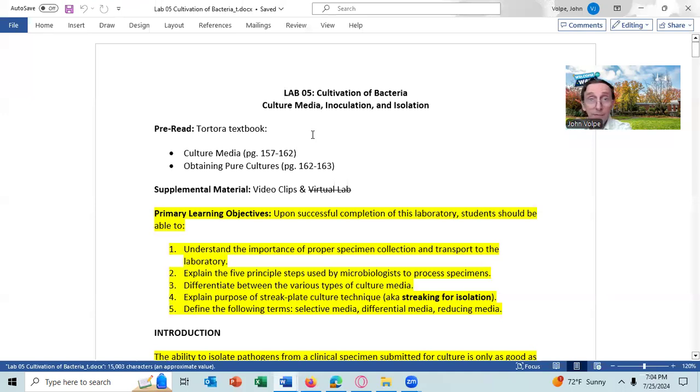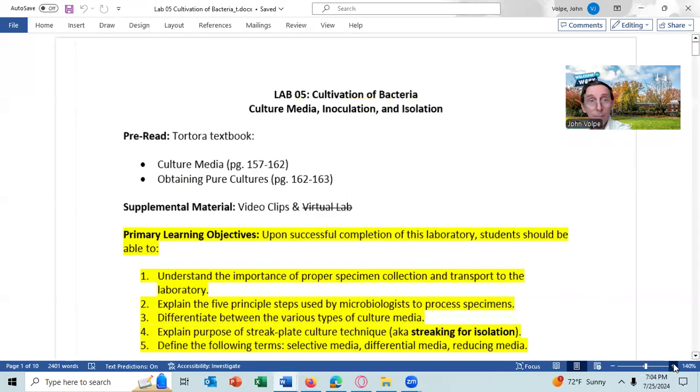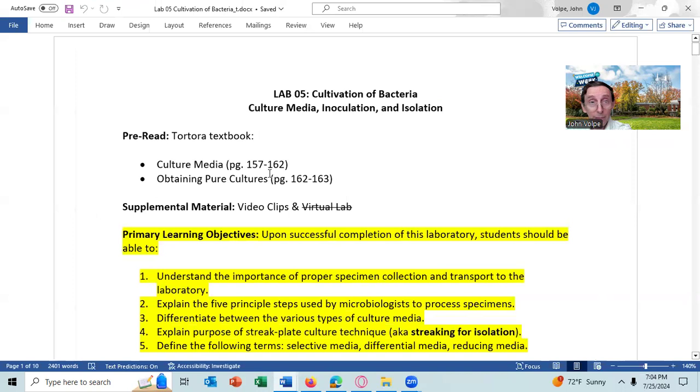Lab 5 is the cultivation of bacteria, culture media, inoculation, and isolation. There is a little bit of reading, about 4 pages there on culture media and just a page on obtaining pure cultures. There is some video clips to this lab. There is no virtual lab.